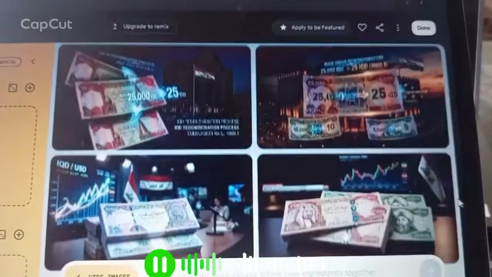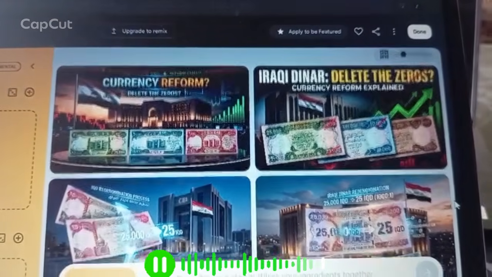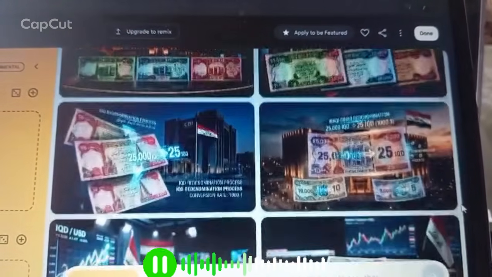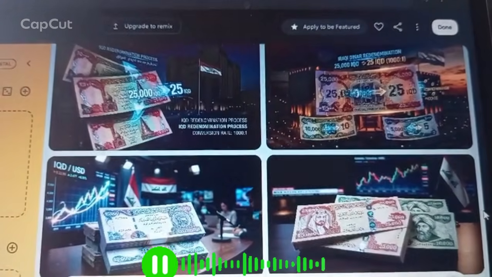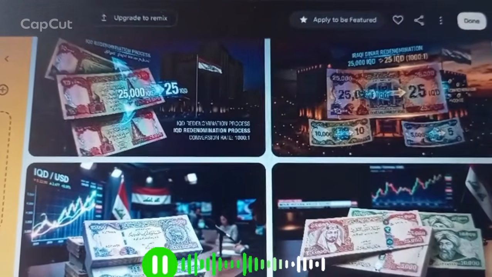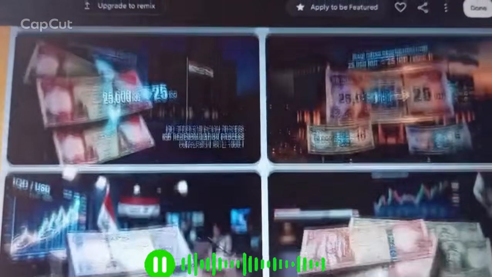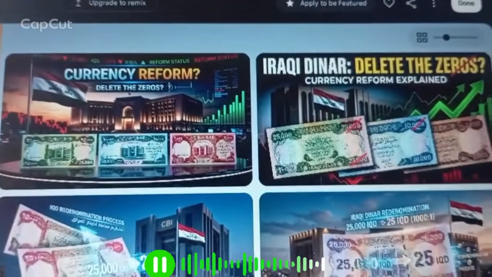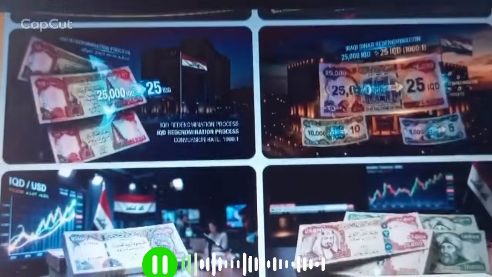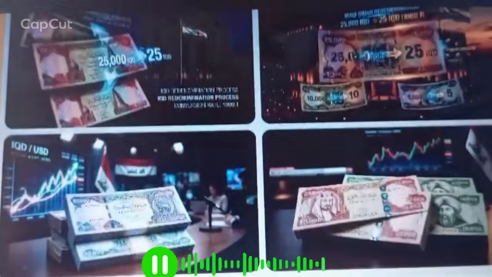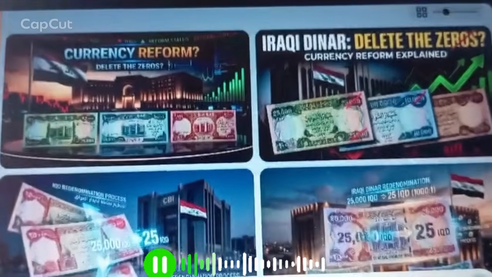The economic outcome would depend on the conversion rules, the exchange rate framework, inflation conditions, monetary policy, and the credibility of the reform. So, why would a country consider removing zeros in the first place? Currency redenomination can be used to simplify accounting, pricing, cash handling, financial reporting, and everyday transactions when a currency has accumulated very large nominal denominations over time.